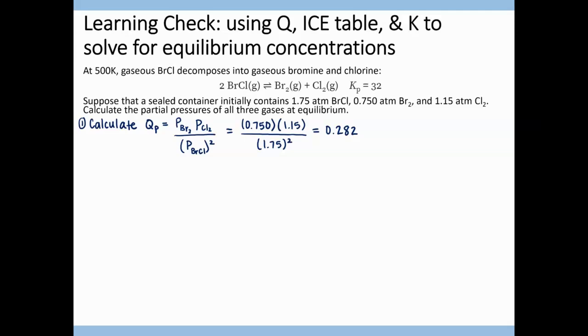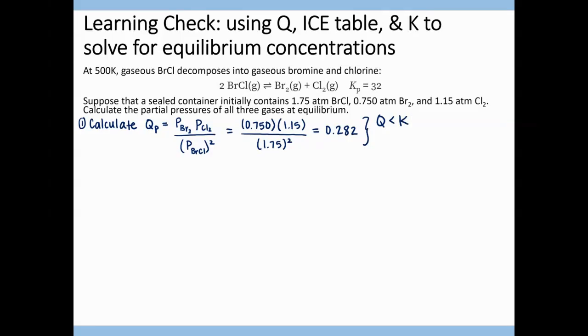So that tells us, will this reaction form more products or will it form more reactants to reach a Q value equal to K? Okay, so on that note, with Q being 0.282 and K 32, Q is less than K.